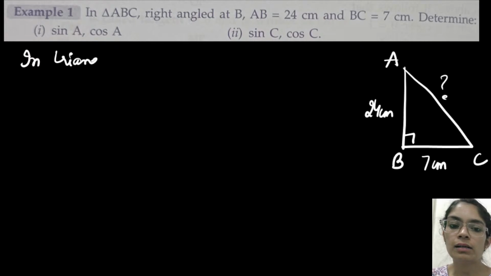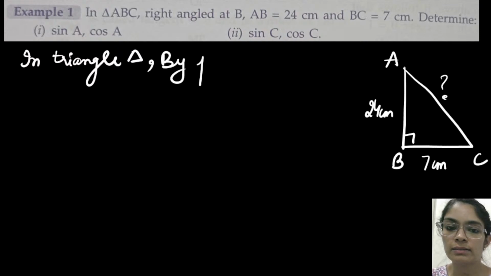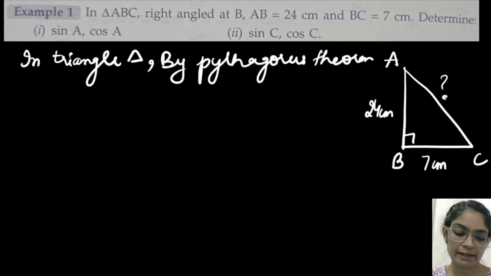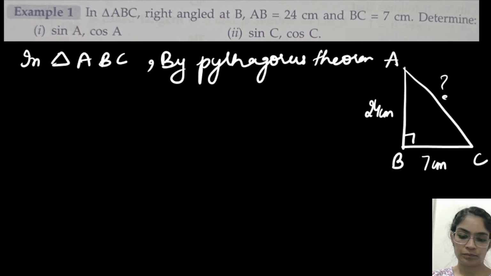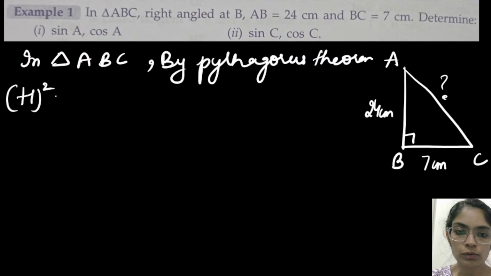In triangle ABC, by Pythagoras theorem. What is the theorem? You can write the formula of the theorem in the comments. The square of the hypotenuse is equal to the sum of the squares of the perpendicular and base, so P square plus B square.